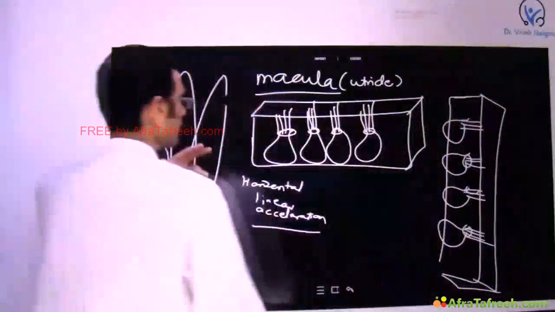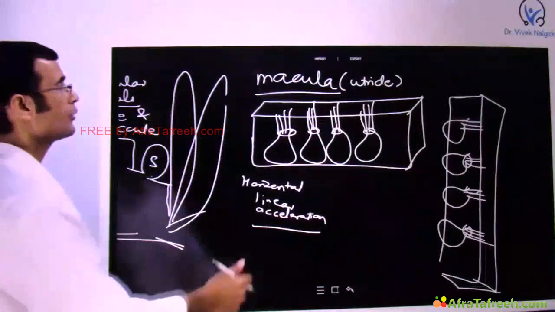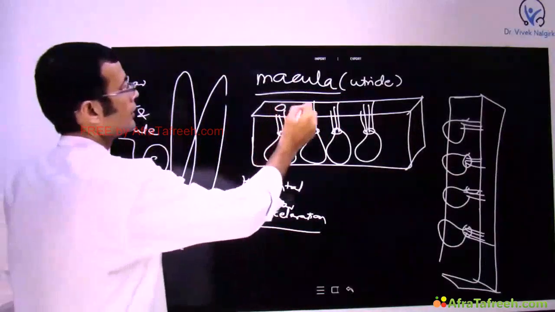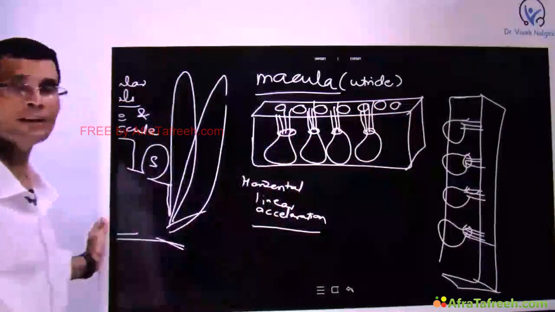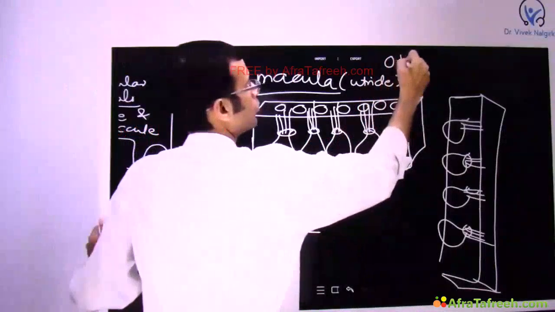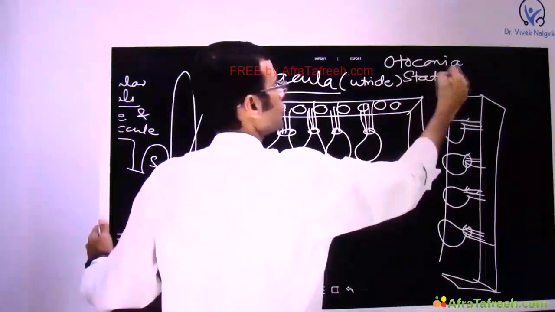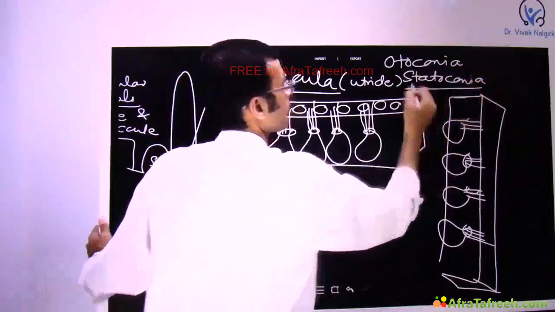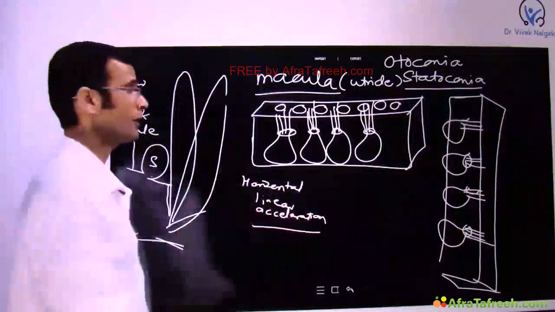Now, first of all, just understand what all things are also present in this macula. At the top of the macula, there are calcium carbonate crystals, which are called otoconia, or also called statoconia, and therefore these are called otolith organs.